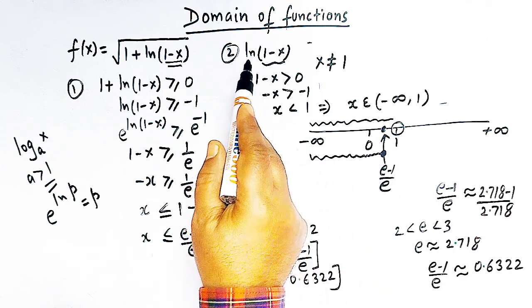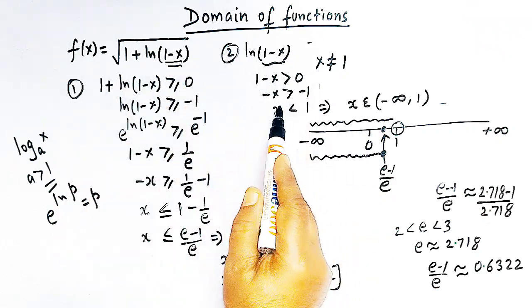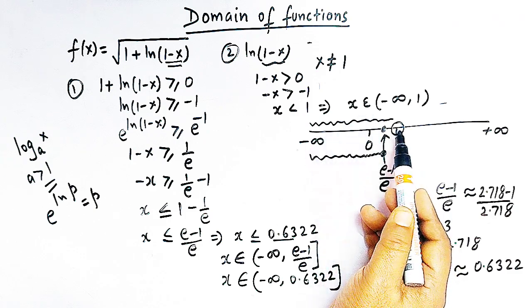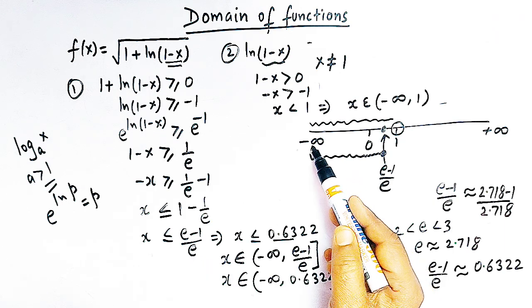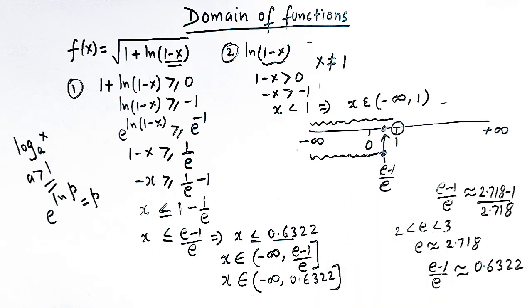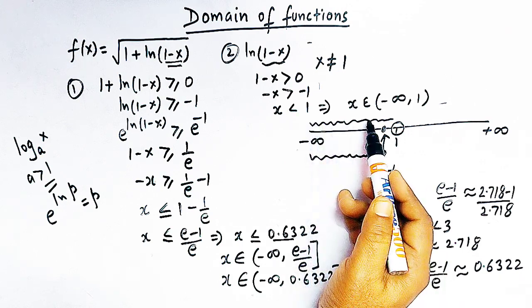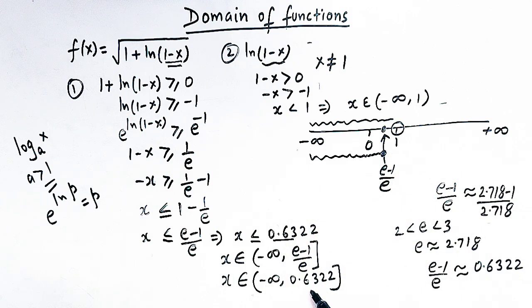So we have the solutions of two inequalities: x less than 1 is given by minus infinity to 1, and x less than or equal to 1 minus 1 over e is given by minus infinity to 0.6322. Now let us find the common region between these two intervals.